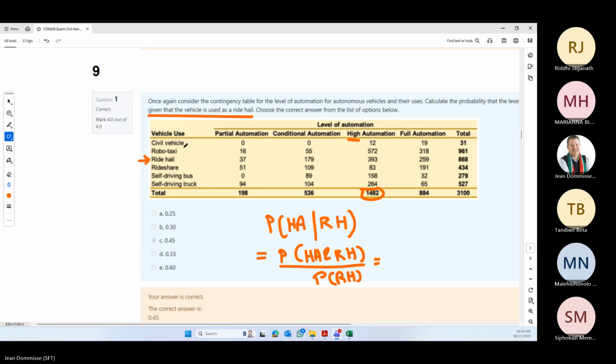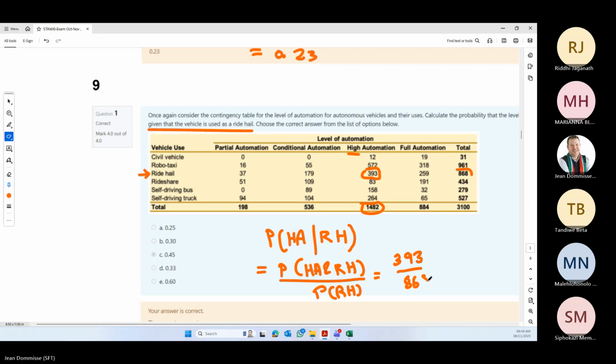Okay, cool. So let's see, probability of high automation, right tail, 393 divided by probability of right tail, 868.